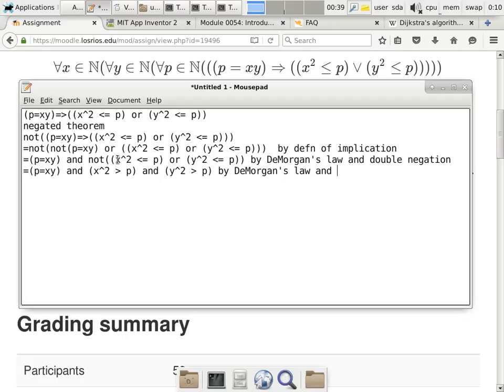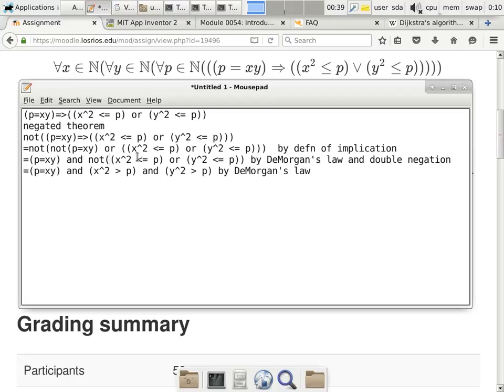Is that okay? Why did you change the second? Why did I change y squared as well? Because when you apply De Morgan's law, the negation on the outside of the disjunction is distributed into the inside. But when you say not x squared is less than or equal to p, it is the same thing as saying x squared is greater than p.